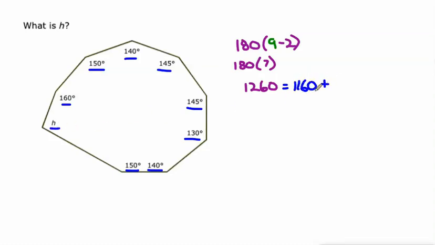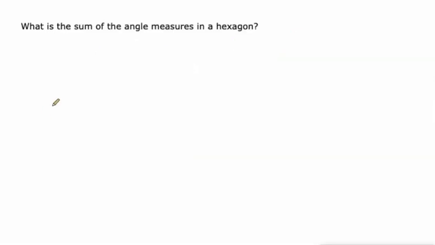And we also have h. So when we subtract 1160 from both sides of this, we end up with 100 degrees left over for h. So all of those angles plus the 100 would give us 1260, which is the sum of all the angles of a nonagon, a 9-sided figure.